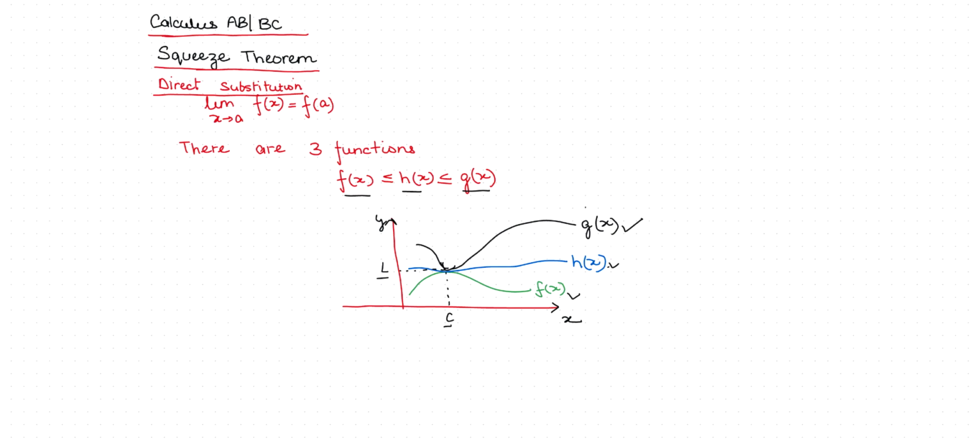Okay, so this squeeze theorem says that if a function like h of x is trapped between two simpler functions, as shown g of x and f of x, and if both the functions approach the same limit, which is L, at a specific point C, then the middle function, which is h of x, is forced to approach the same limit, which is L. So we can write it in the following manner.